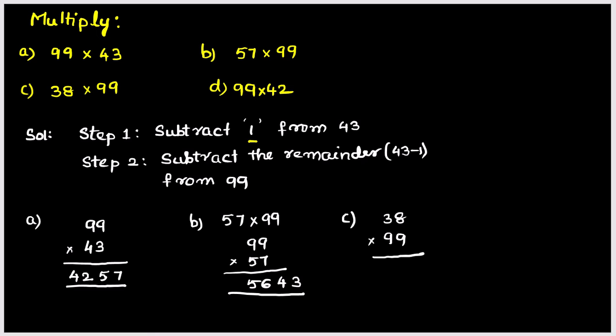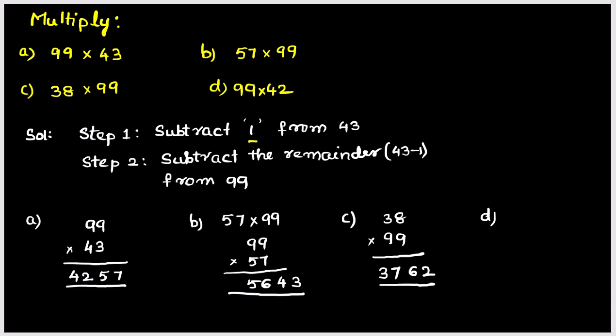So 38 minus 1 is 37. This 37 you have to subtract from 99. 9 minus 7, 2, and 9 minus 3, 6. So 3762 is the answer. You might have observed how quickly you are getting the products. This is the benefit of Vedic Maths.